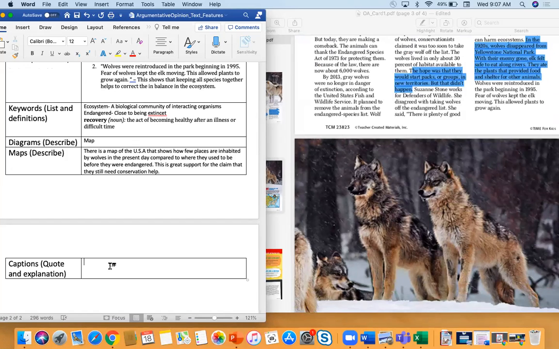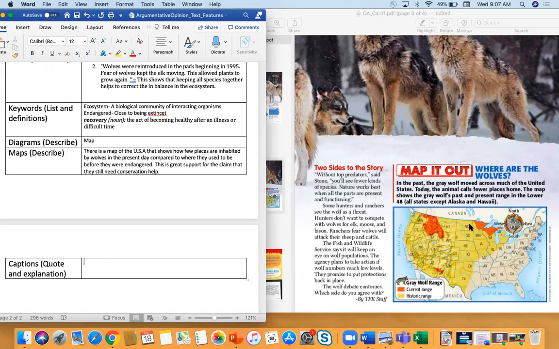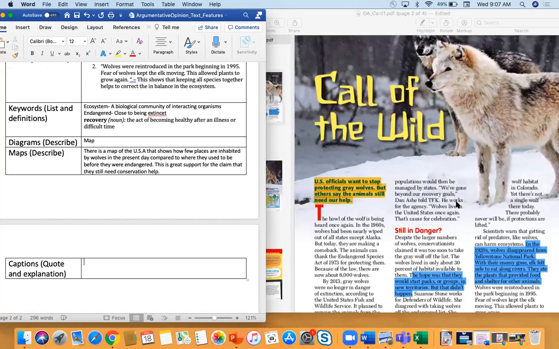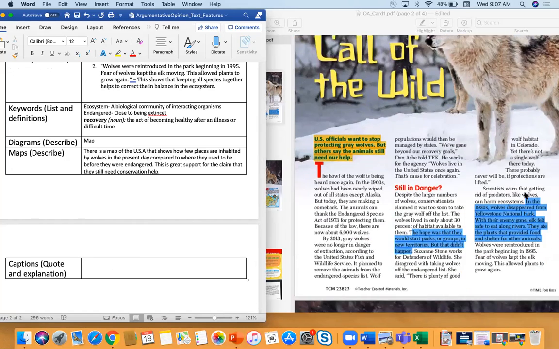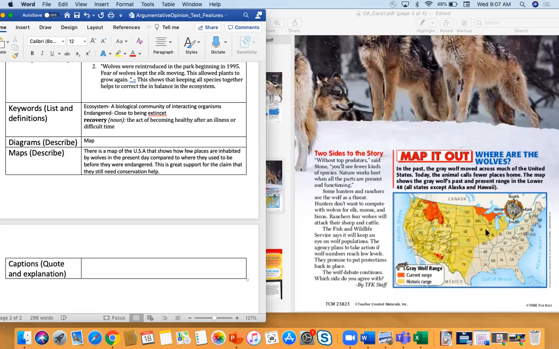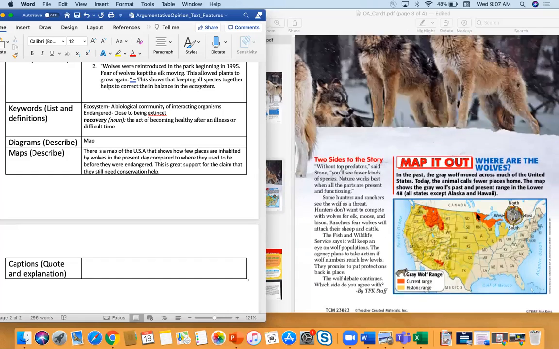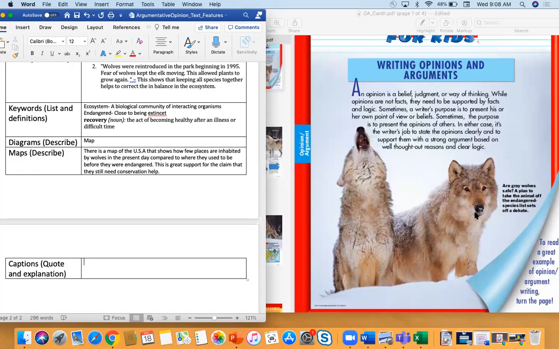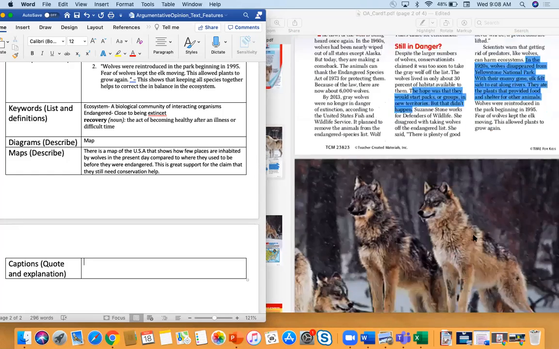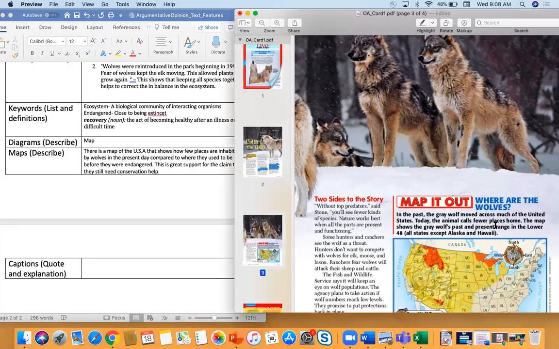And then caption. There are a lot of captions. Come back in Minnesota. So yeah. Here's Minnesota. See, they're in Minnesota. You can pick any caption you want. I think I'm going to do the map one because that's a really good one. So the map had a caption.